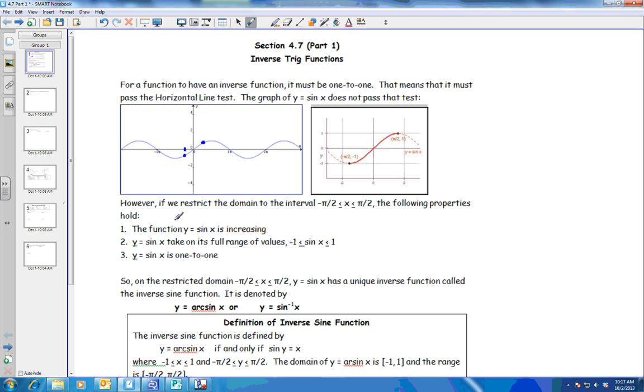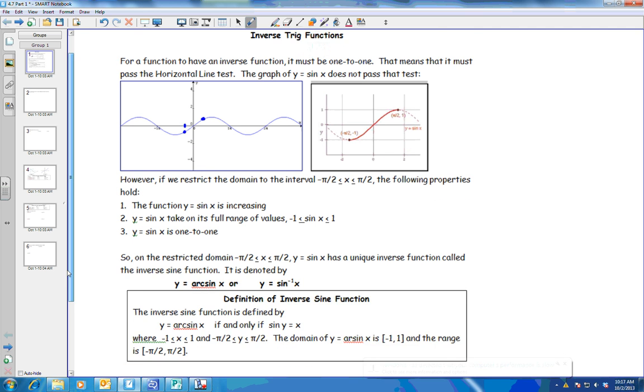So the following properties are true for just that part. The function y equals sine x is increasing because it's rising the whole time. Sine x takes on its full range of values, so I still go from negative 1 to 1. And sine x is a 1-to-1 function now, because it passes that horizontal line test.